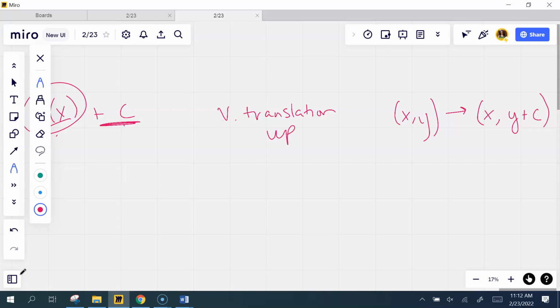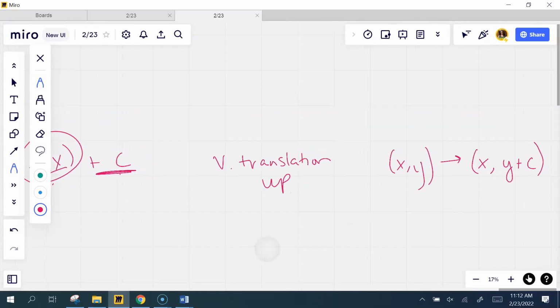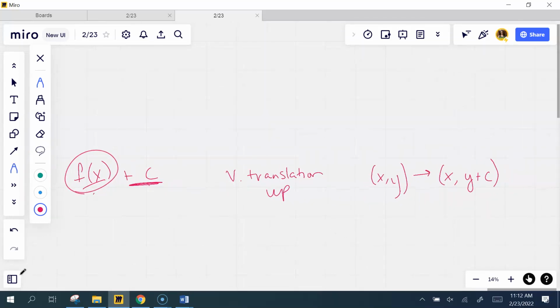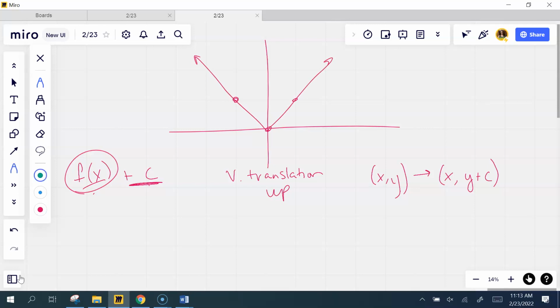Now what that means is that every point on your graph, let me just show you, if I had the absolute value, here's my parent, and I wanted to say f of x equals the absolute value of x plus 1. We know that that means slide up 1, right?